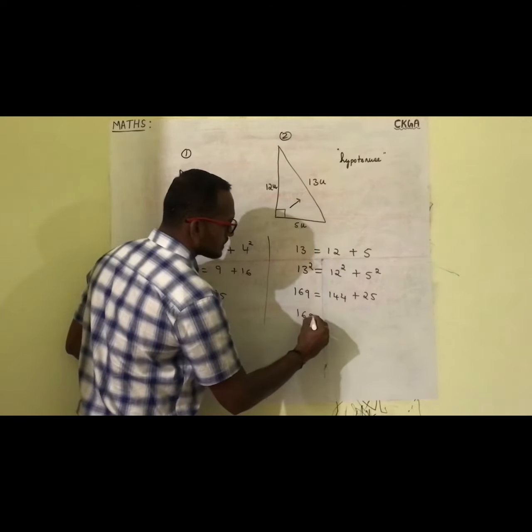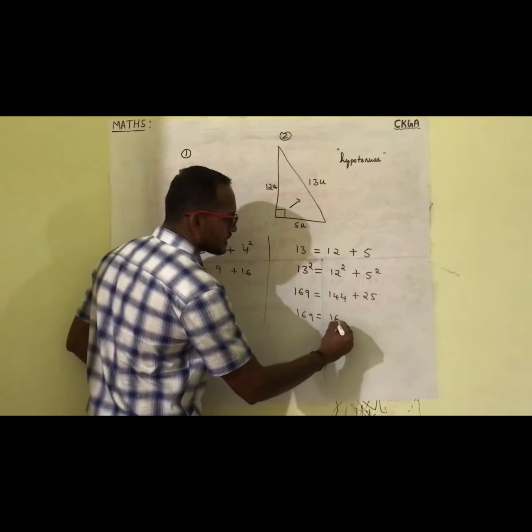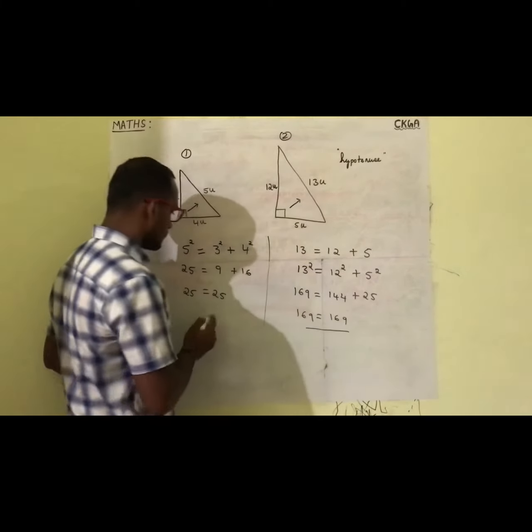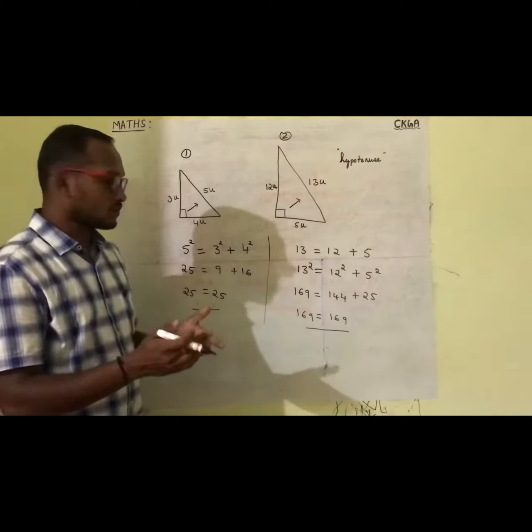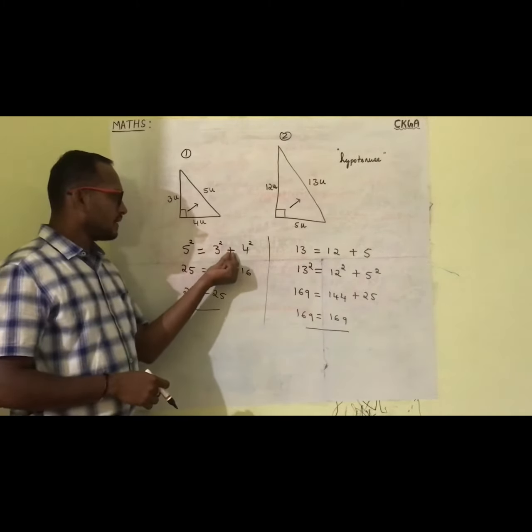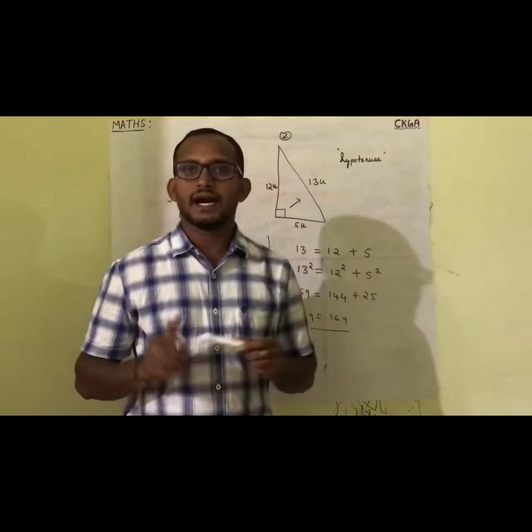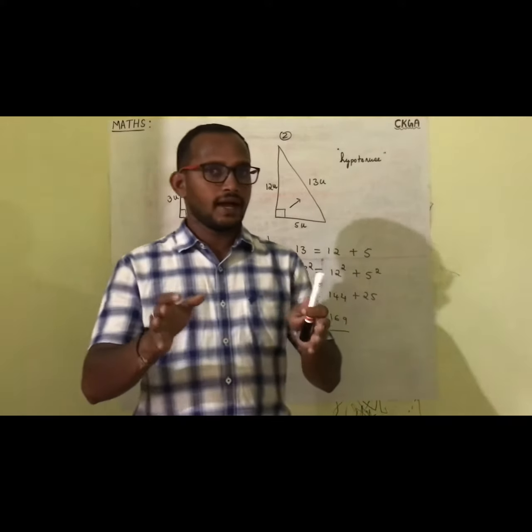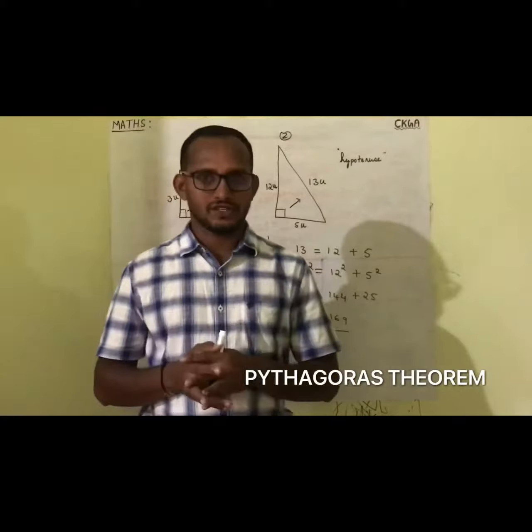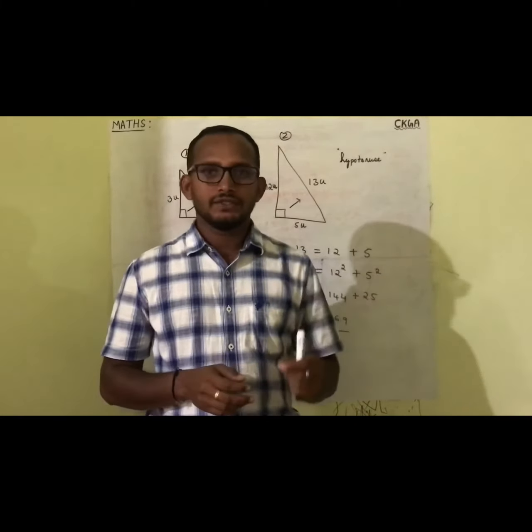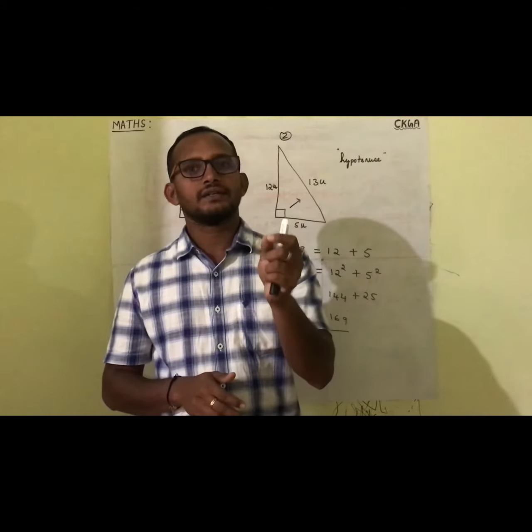Therefore 169 is equal to 144 plus 25, which is 169. So if you observe in both the cases, the square of the longest side is equal to the sum of the squares of the other 2 sides. This relation was first identified by the man behind this trick, Pythagoras. So in today's session, I'm going to tell you about the Pythagoras theorem.